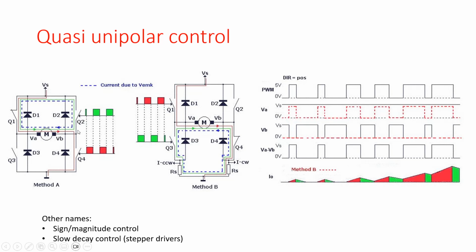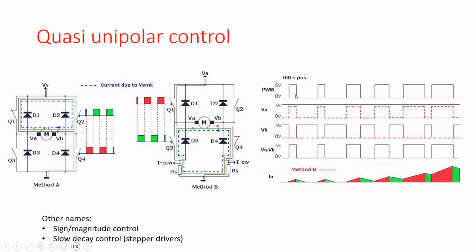But because Q2 is closed all of the time during this 0 period of my PWM, because this was my inverse PWM signal, we see that VB is, all of the time when this PWM cycle is 0, equal to the power supply Vs again.